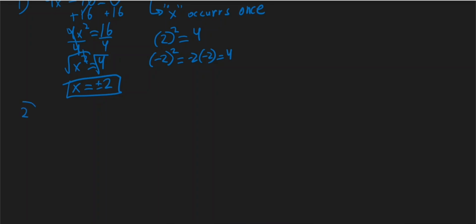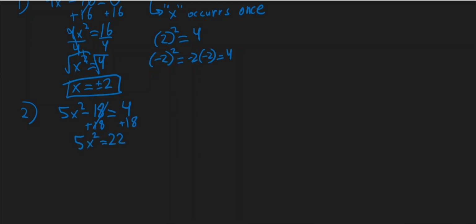Say we're given solve 5x squared minus 18 is equivalent to 4. All right, so again, there's no bx term for this, and there's only one occurrence of x. So just solve this as a regular equation. You want to first add 18 on both of your sides to isolate the variable of x, and that gives you a 5x squared value of 22.